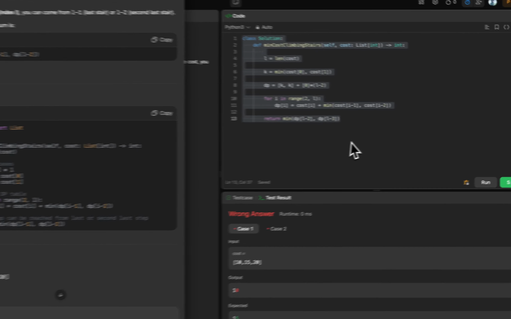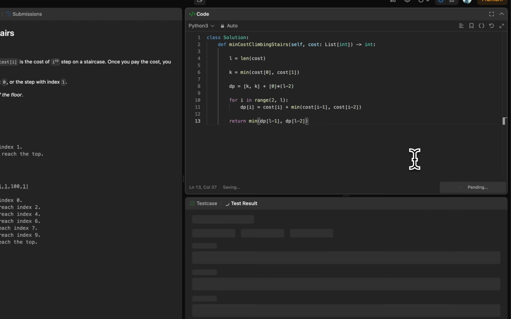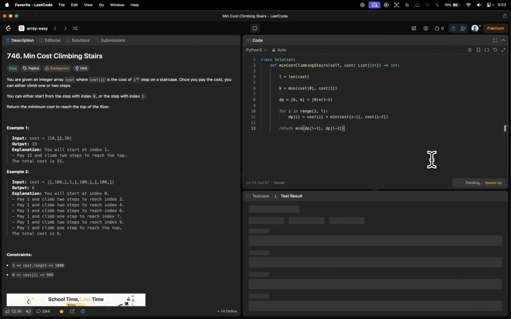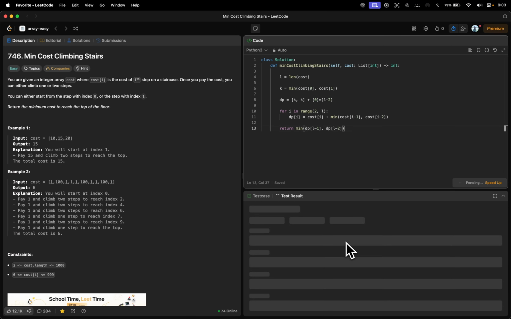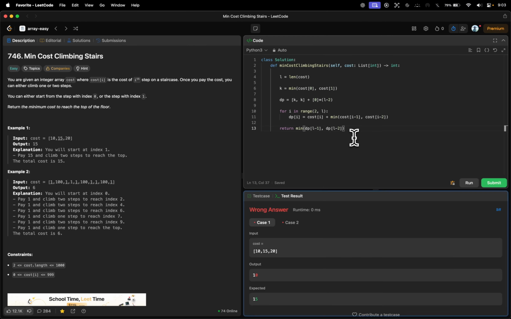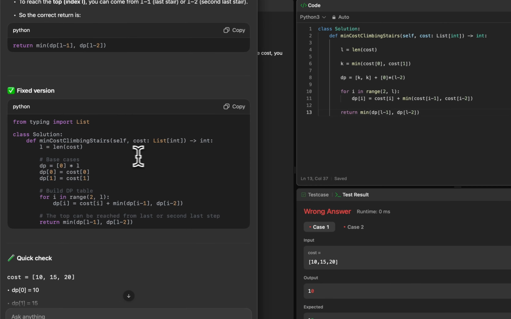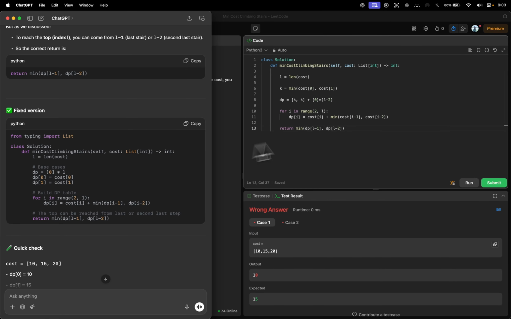Why is it L minus 1 and L minus 2? I don't know what's happening. L is equal to the length of the cost, dp essentially the same.